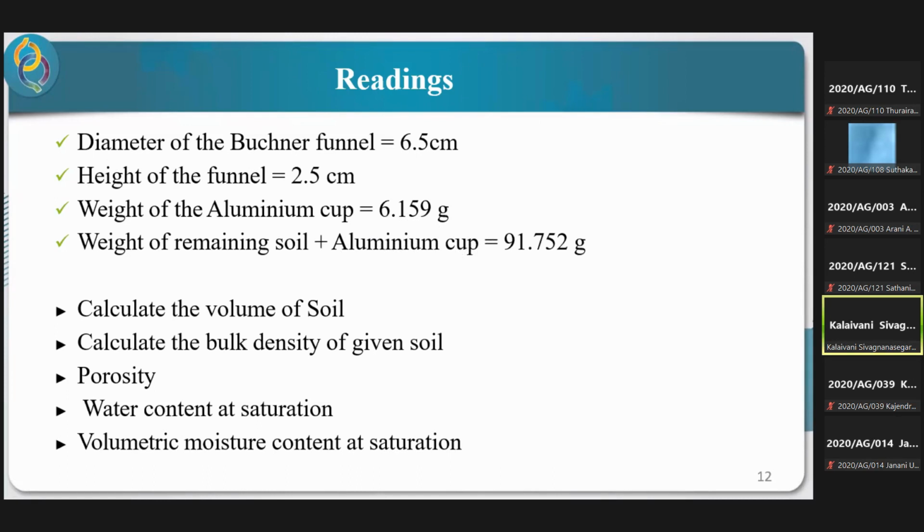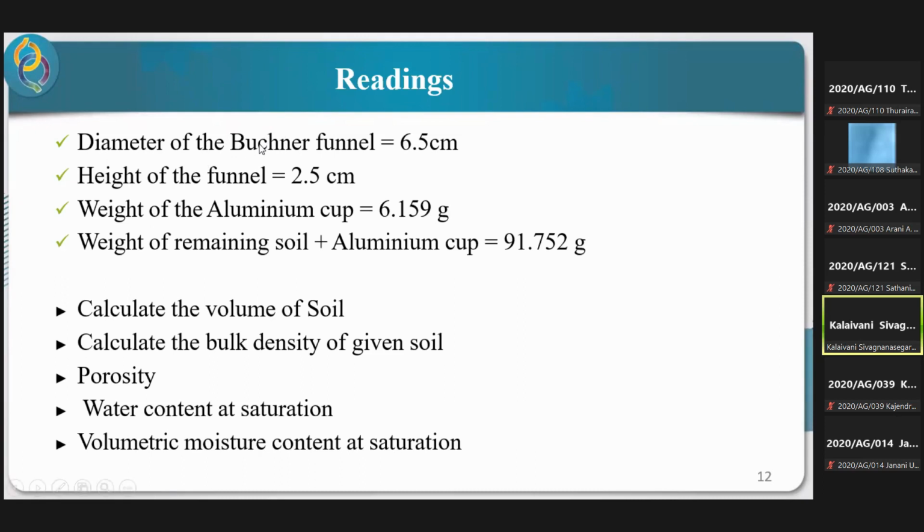With that you can find out the volume of soil now using these two data. So how will you find out this volume of soil? Any idea? I already told we initially took 200 gram of sandy soil, and we transfer some amount of soil to the Buchner funnel.